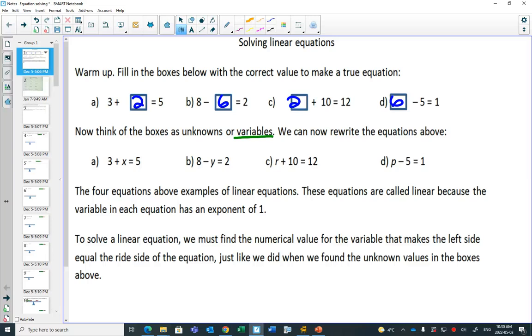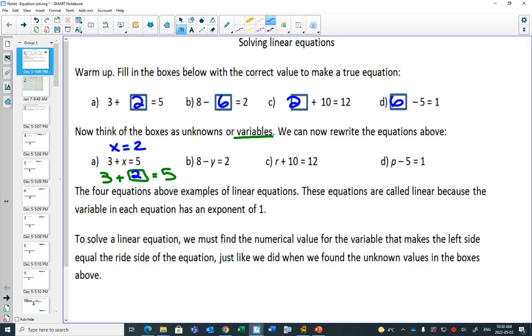Here are some examples. So we have 3 plus x equals 5. If there was a box there, you could probably do it in your head, no problem. You can probably just see if it was like this, 3 plus something equals 5, you'd be able to tell me without doing any kind of fancy math that the answer is 2. So we would say in this equation that x is equal to 2.